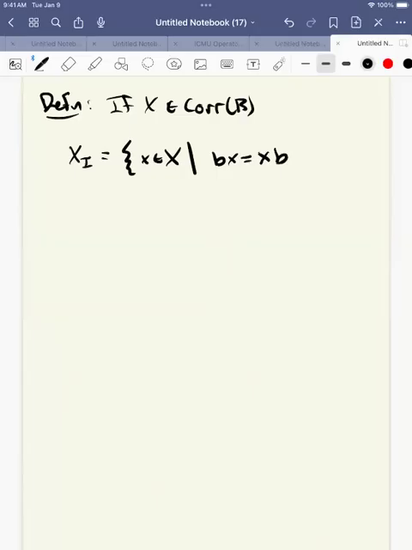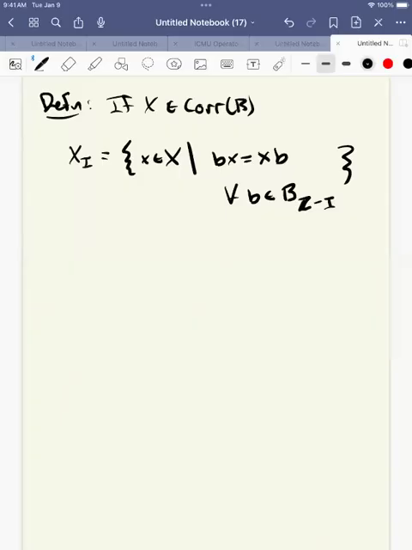Remember, X is a B-B bimodule, so I have a notion of left multiplication by B and right multiplication by B. I'm asking them to agree for all b localized in B sub Z take away I, so in the complement of the interval I. I take all the local operators localized in the complement of I, and I take all the vectors in my bimodule that commute with all of those, and I'm going to think of them as being localized in I. There's no Haag duality, but if there was Haag duality, this would be like X_I being the commutant of the stuff localized outside. It's a Haag duality type thing. So I'm going to define that to be X_I.